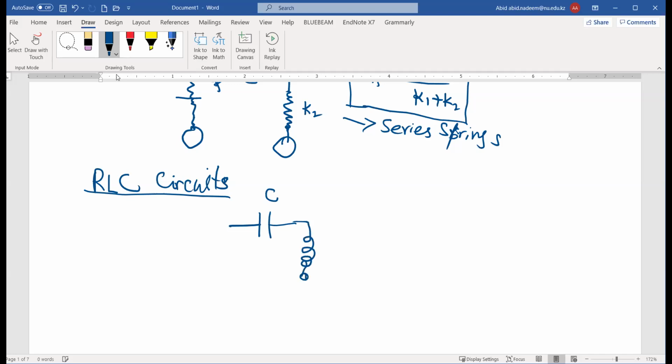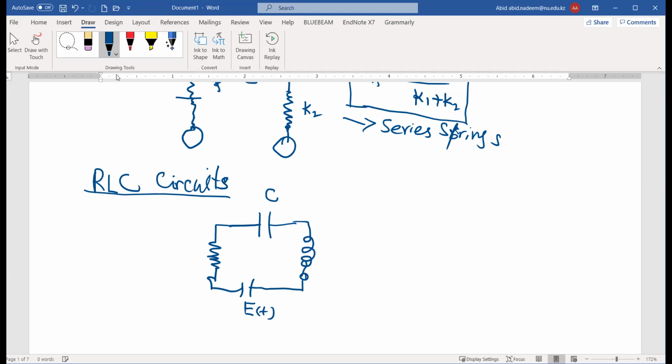The inductor is represented by this, and here we have a resistor. This is driven by an electromotive force, represented by E of t.